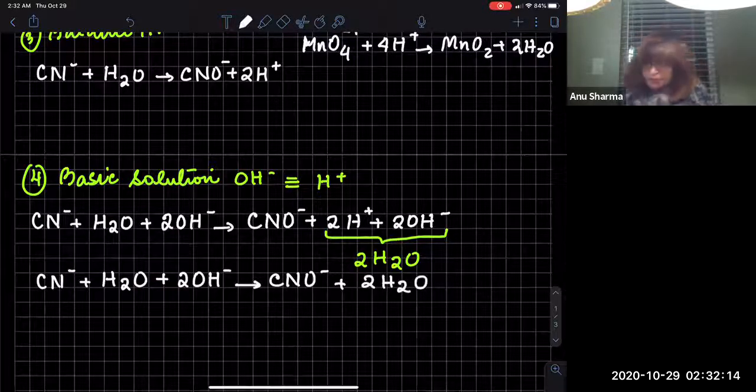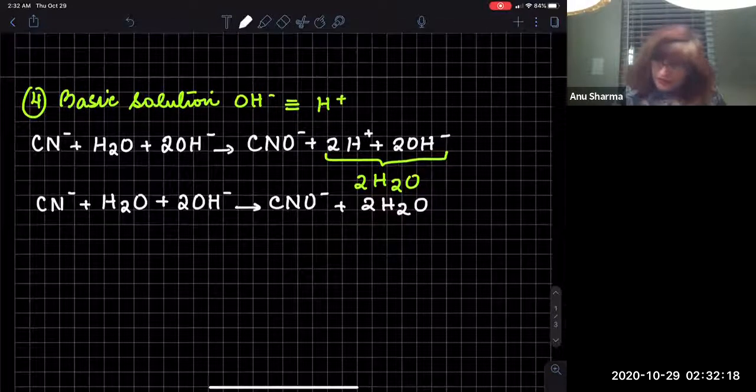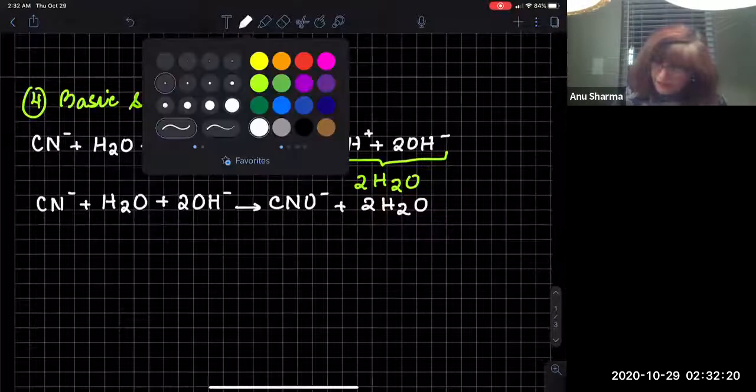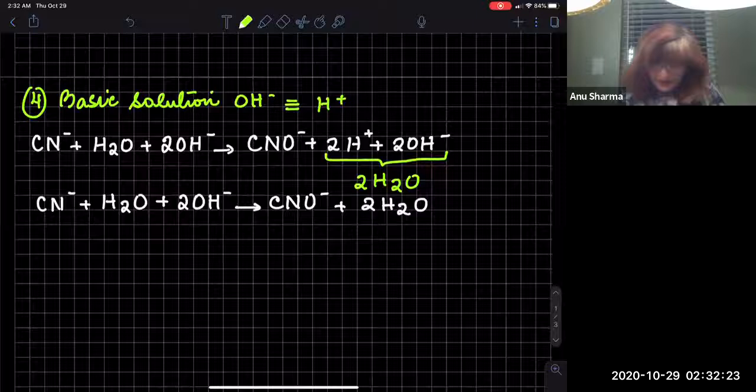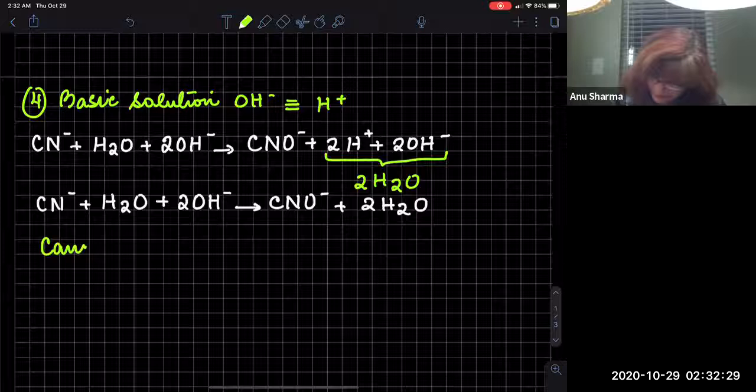Okay, so now it hasn't stopped here yet. We have to cancel out the waters on either side.